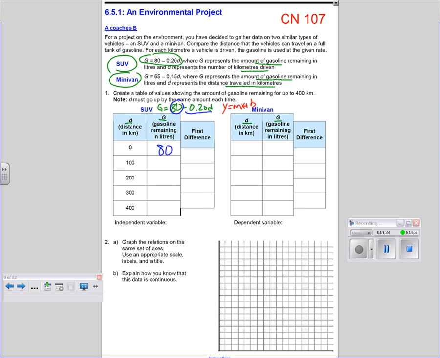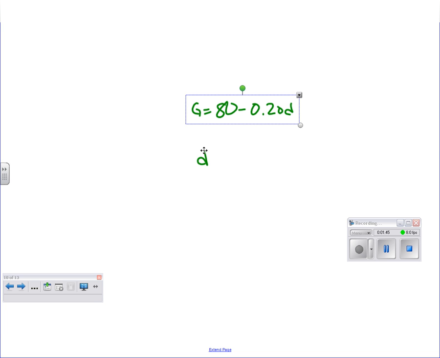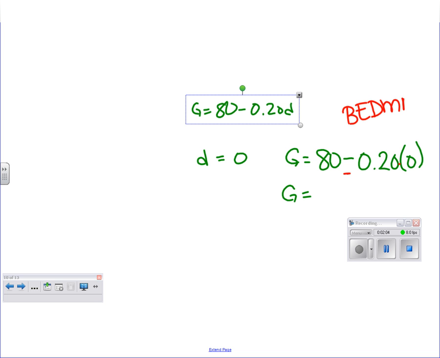Also, I could calculate that using the relationship. If I use this relationship, D is equal to 0. So I want to calculate G, so that's 80 minus 0.20 times 0. If I'm going to evaluate that, this is multiplication, and over here we have subtraction. So BEDMAS is used to find a value or to evaluate. Inside the bracket there's nothing to change.